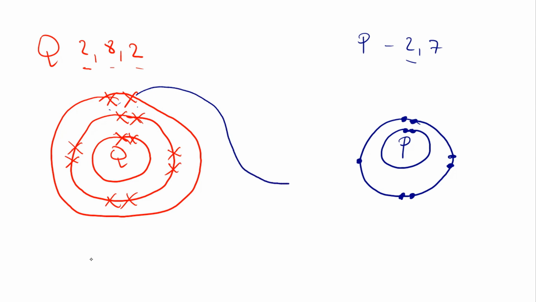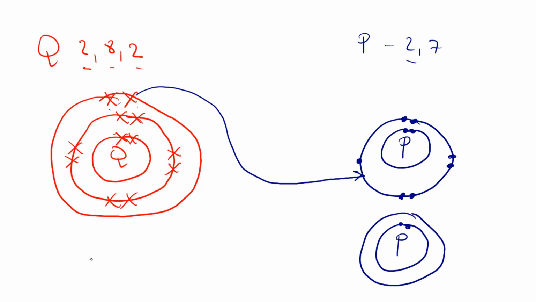So give 1 here, right? 1 goes here. But P can only accept 1. So what are we going to do? Just draw another P atom to accept the other electron from Q. 1, 2, 3, 4, 5, 6, 7.